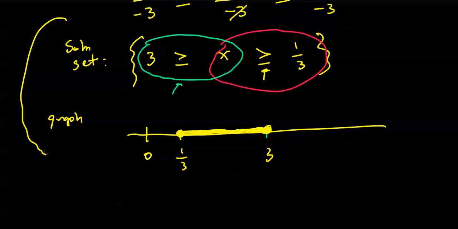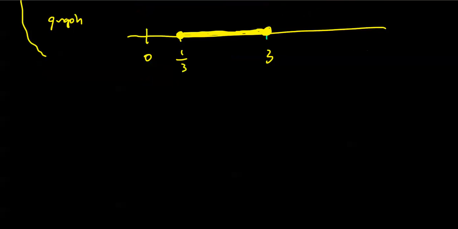Alright, so we've done 3 and-type inequalities. I want to talk about or-type inequalities next. Those are also compound inequalities. And basically there are 2 inequalities linked with an or statement. Well, let's start out nice and easy.